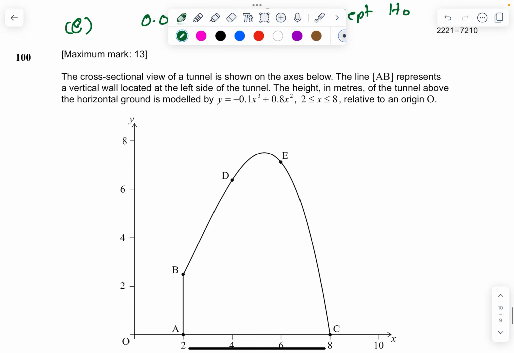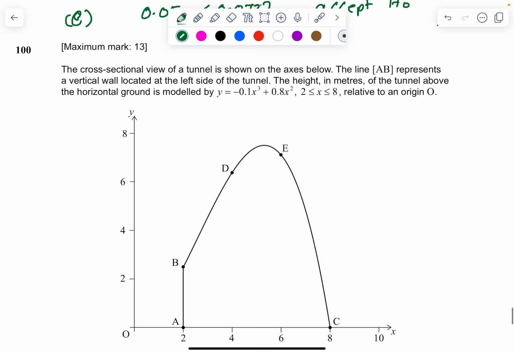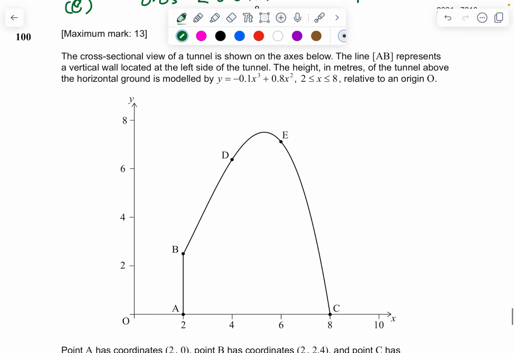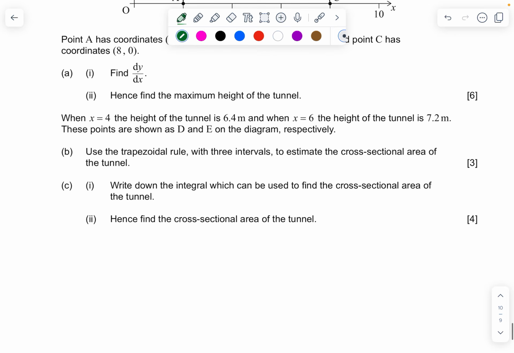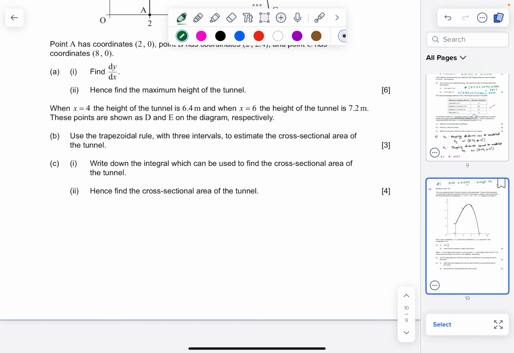And last question, question number 100. The cross-section view of a tunnel is shown on the axis below. The line AB represents the vertical wall and so on. Find dy by dx.